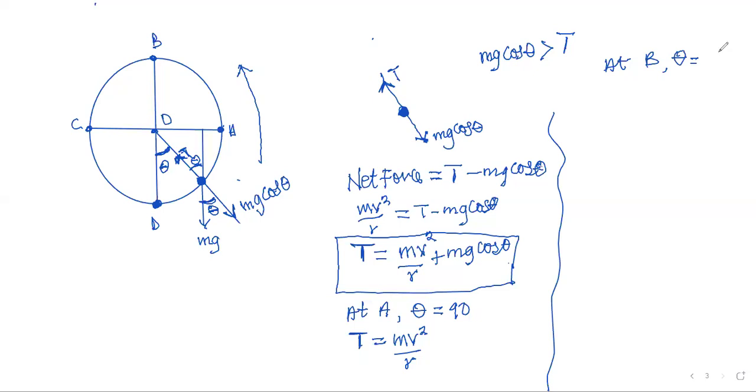So theta is 180 degrees at B. And what would be the expression for the tension? What would be T when theta is 180? Substitute 180 for theta and then give me the expression for the tension.